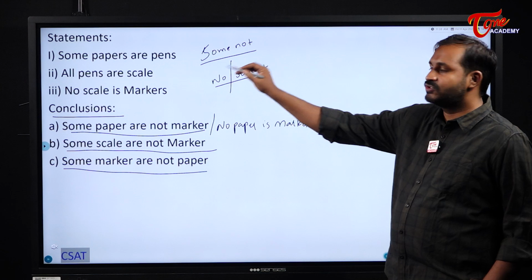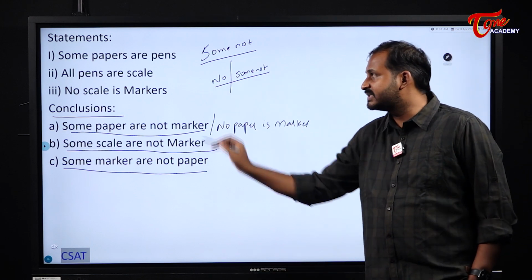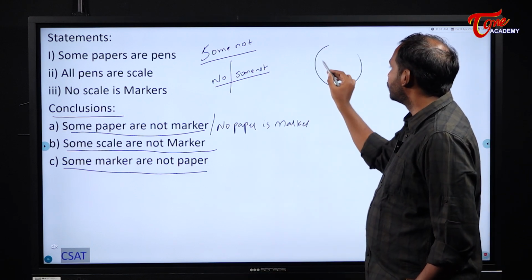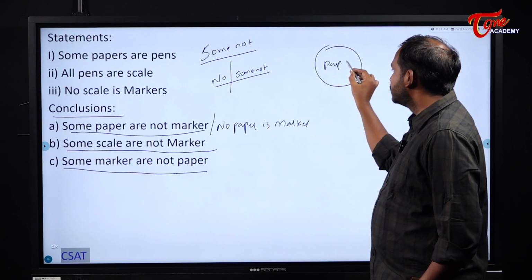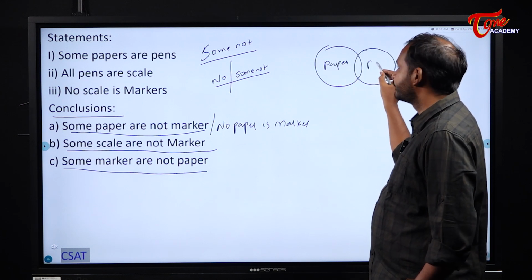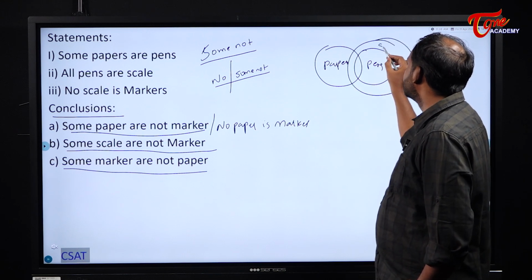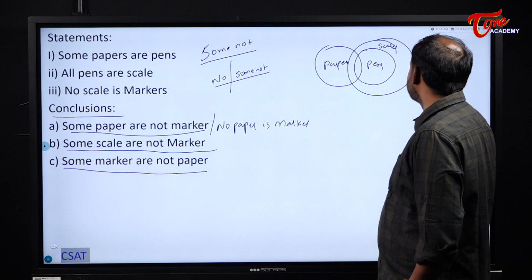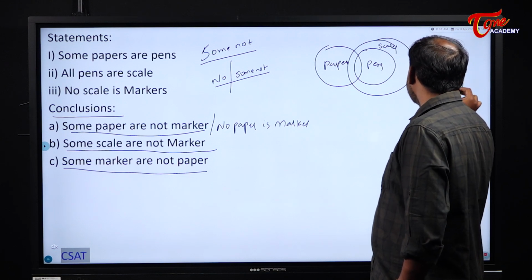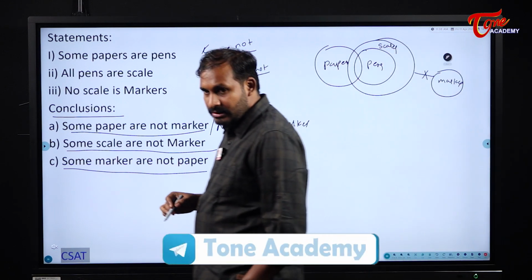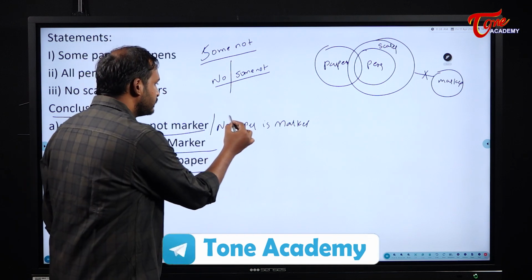First of all, as usual, whatever the conclusions may be, we will draw the basic diagram. Some papers are pens. All pens are scales. No scale is marker.